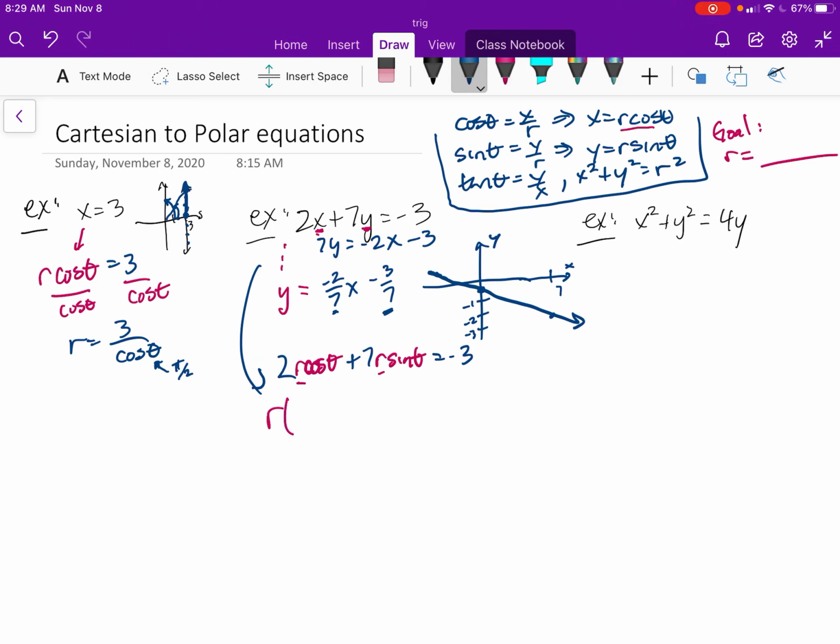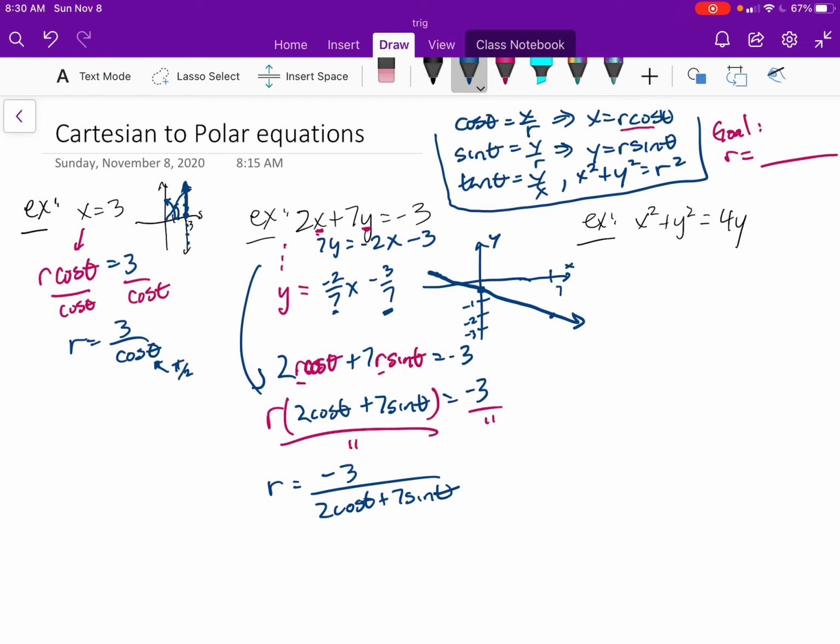So what am I left with? I'm left with r times 2 cosine theta plus 7 sine theta equals -3. And solving for r, we just divide all this out. r equals -3 over 2 cosine theta plus 7 sine theta.